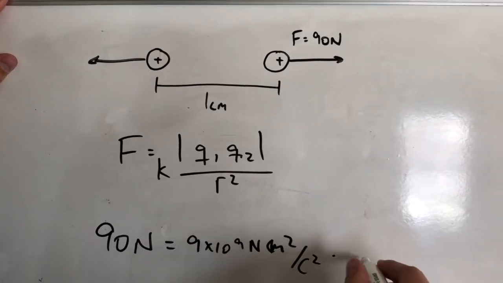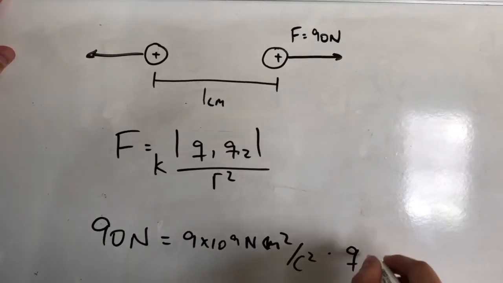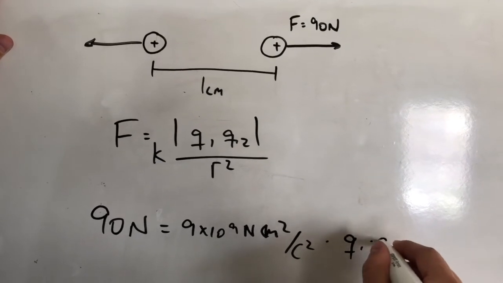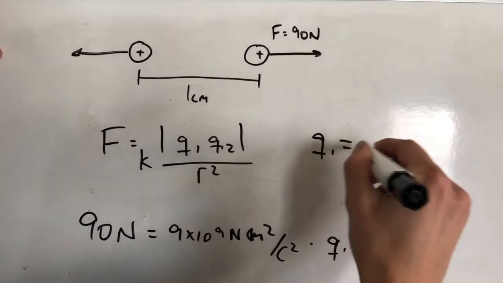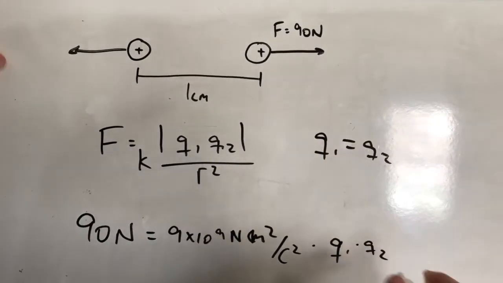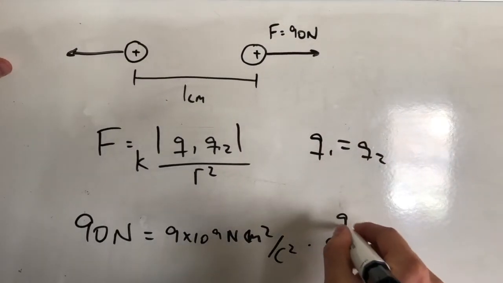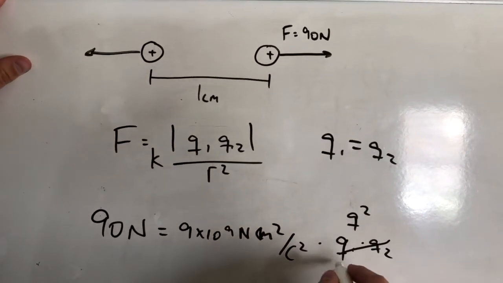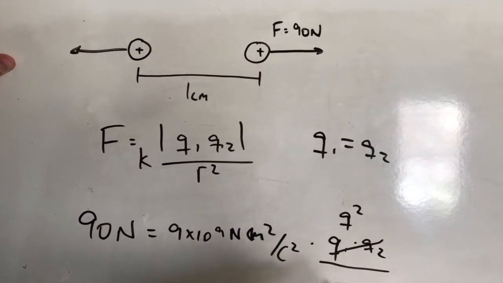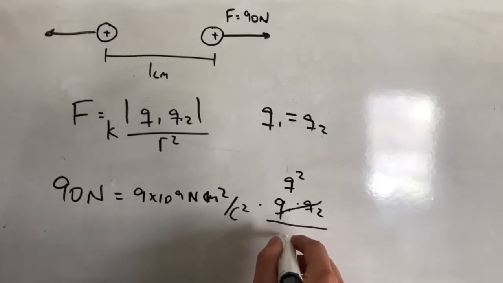And then that's going to be times Q1 times Q2. And because we know that Q1 is equal to Q2, we can just say that that's going to be Q squared. And then we're going to divide that by the distance, which is 1 centimeter.